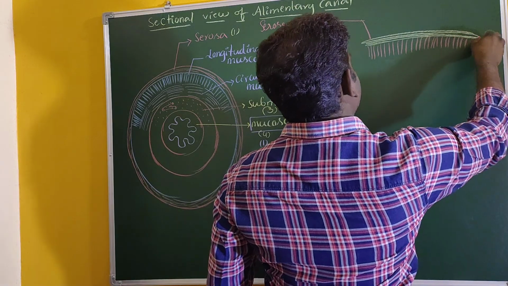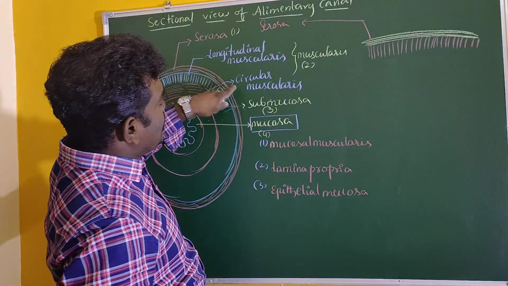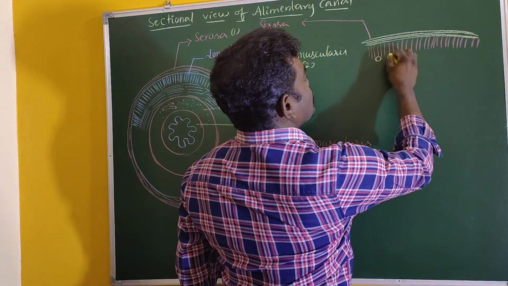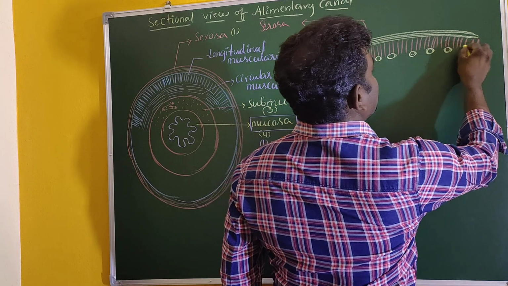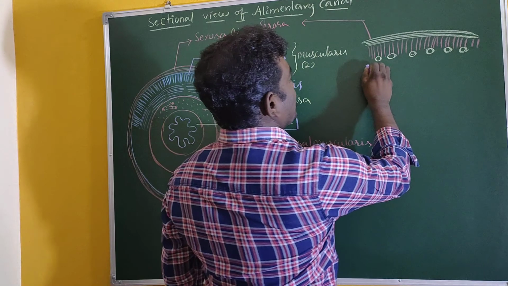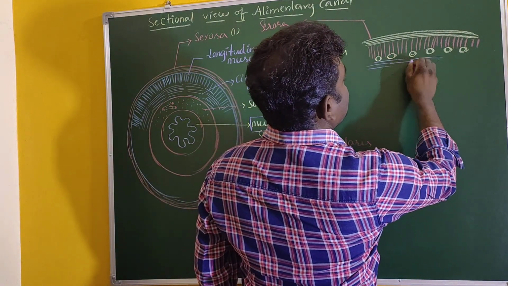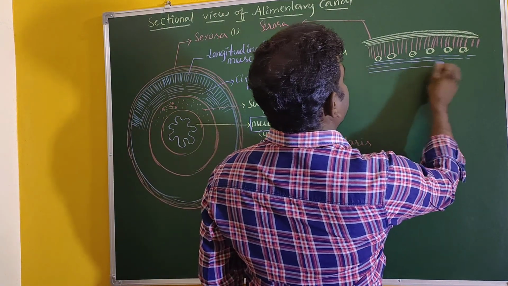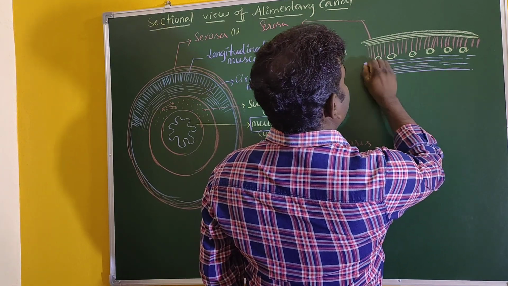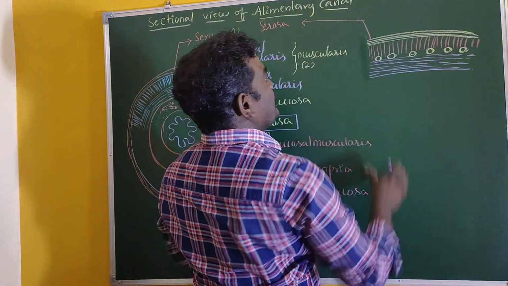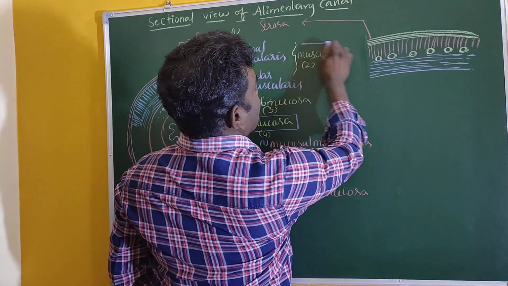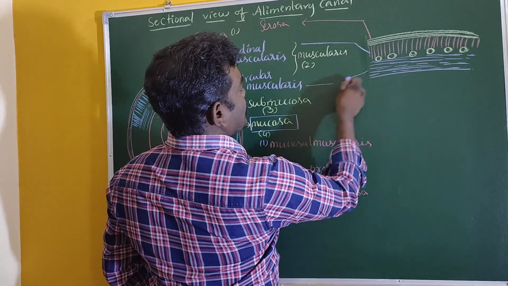In the previous class we already studied that between the longitudinal muscularis and circular muscularis, we find certain types of plexuses. These plexuses are termed Auerbach's plexus. So this is longitudinal, this is circular.